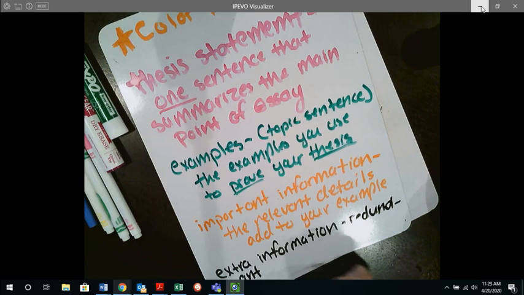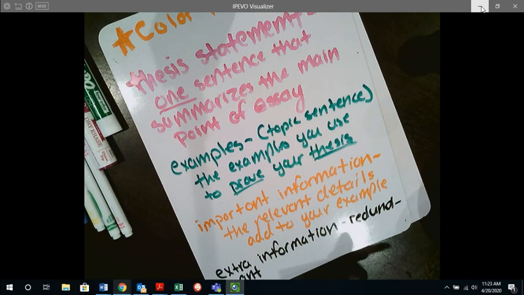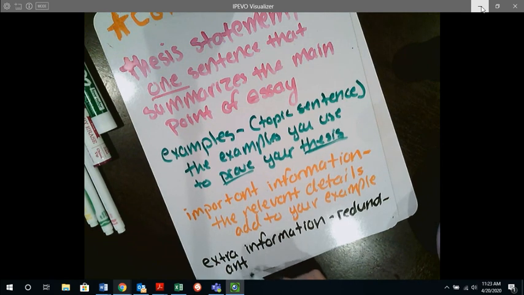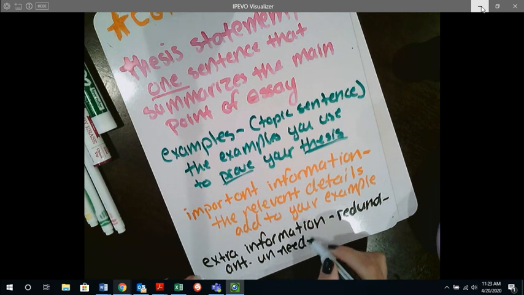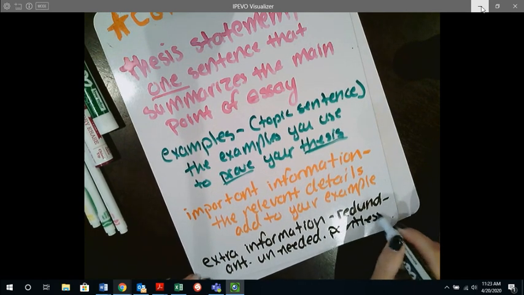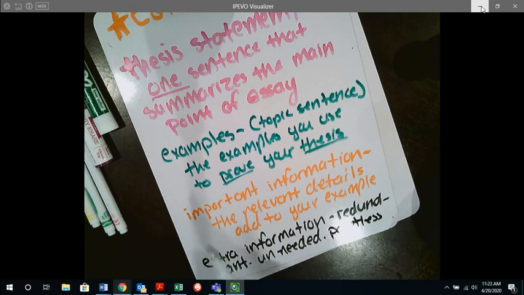Redundant means that it's repetitive. So it's just, you've already said it, so you're just saying it again. Unneeded, pointless. It doesn't add. It's not relevant. It doesn't add to your example. So that is the extra information.